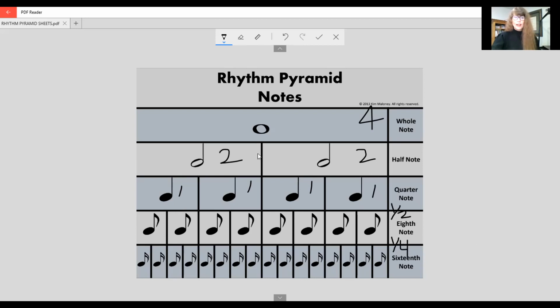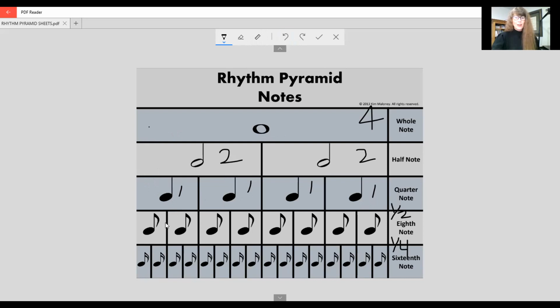Now, in this chart, I love the way it's laid out because it shows you that the equivalent of a whole note, you need 2 half notes. That equals the same as a whole note. To get 1 half note, you would need 2 quarter notes. But you need 4 quarter notes to equal the same amount as your whole note.